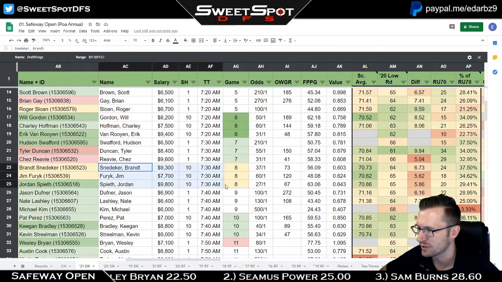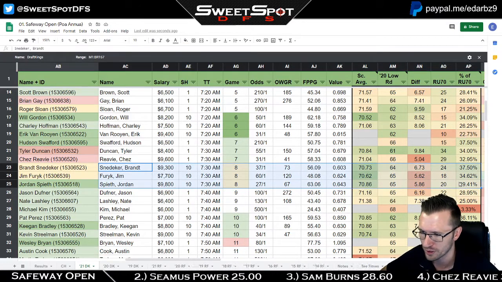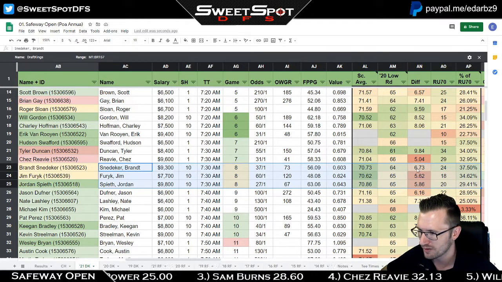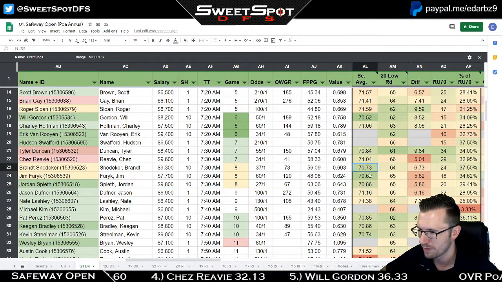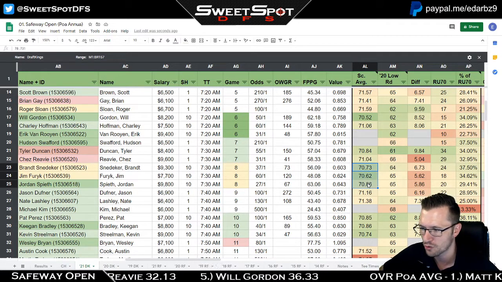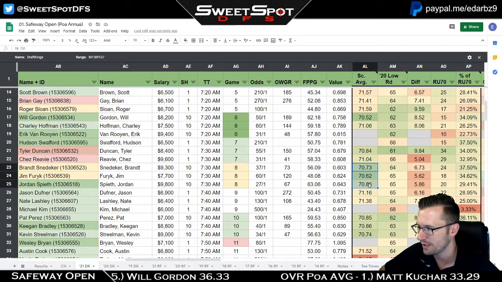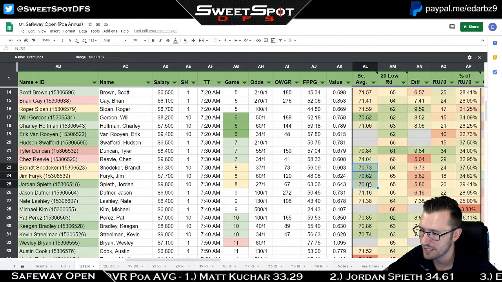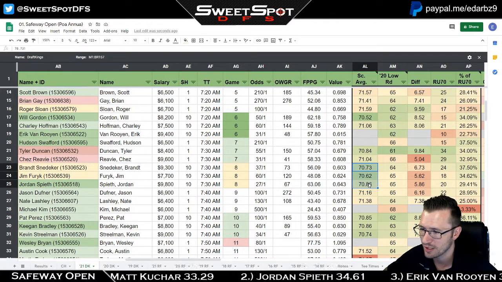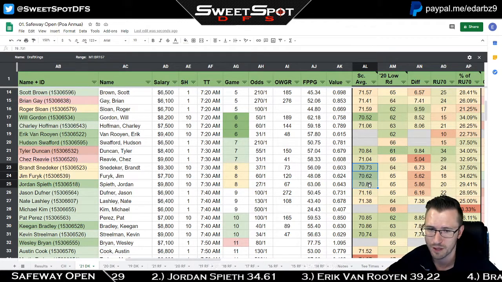Snedeker, Furyk, and Spieth couldn't be any more of a boring group to watch. All of them have terrible differentials. They don't score super low, but their scoring average is good. They're all grinders. So really, who knows? Maybe these guys just continuously support each other and get pars.